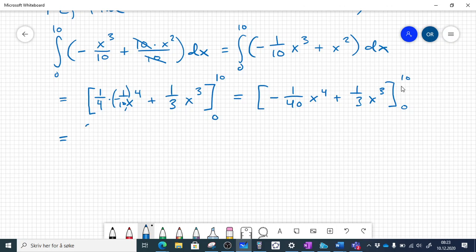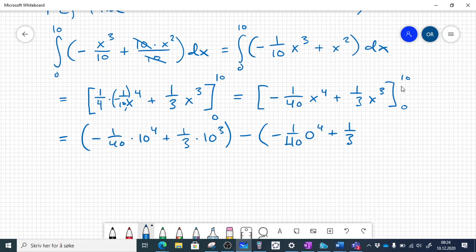So we can write this as minus 1 divided by 40 times 10 to the power of 4 plus 1/3 times 10 to the power of 3, minus negative 1/40 times 0 to the power of 4 plus 1/3 times 0 to the power of 3. This is all going to be 0, so we don't have to worry about that. So it's this part we're interested in.